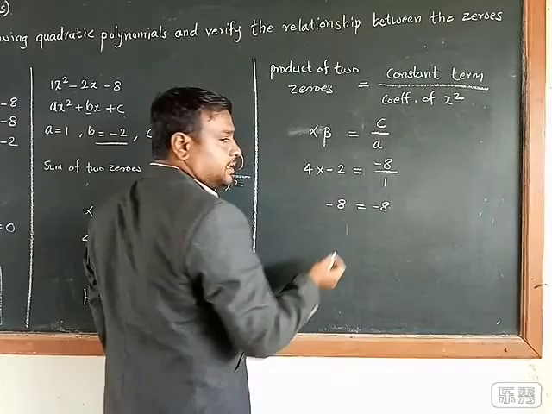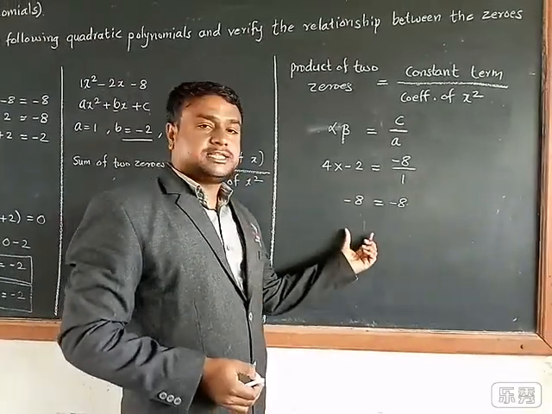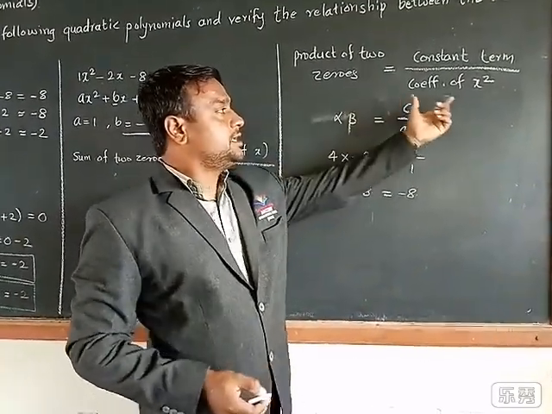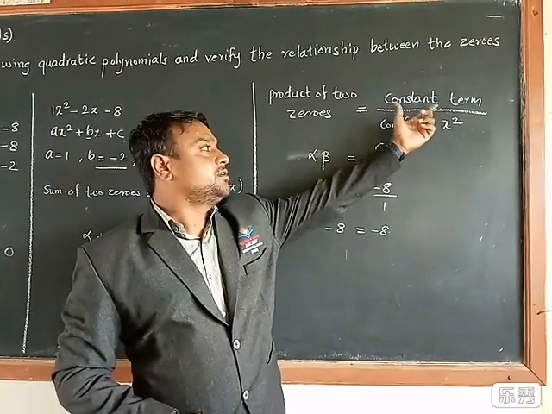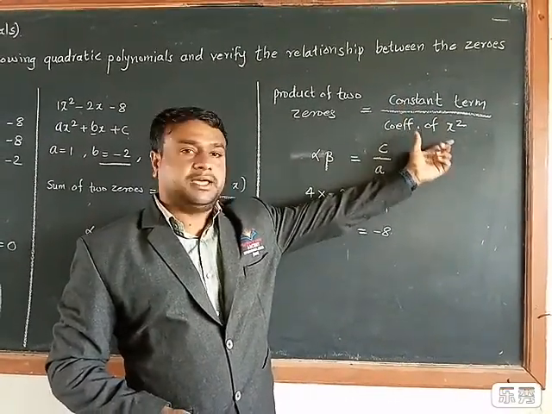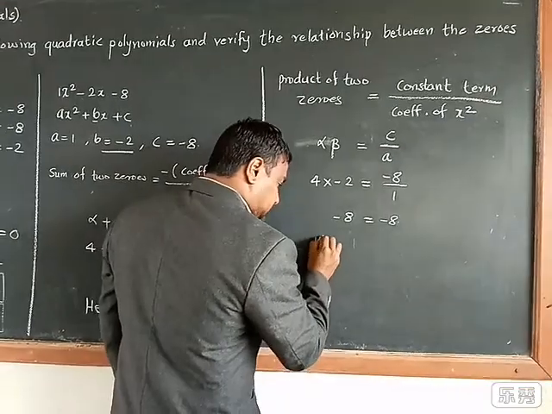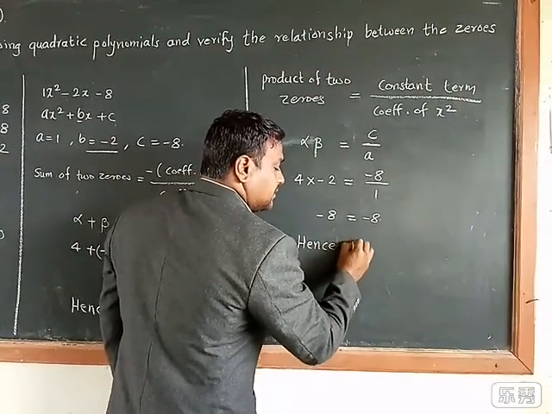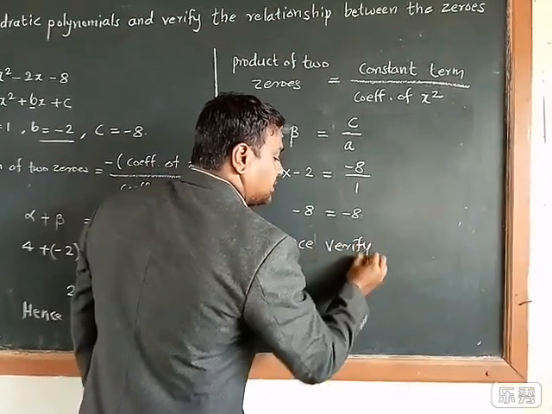So here we verify the relationship for the product of two zeros. Hence verified.